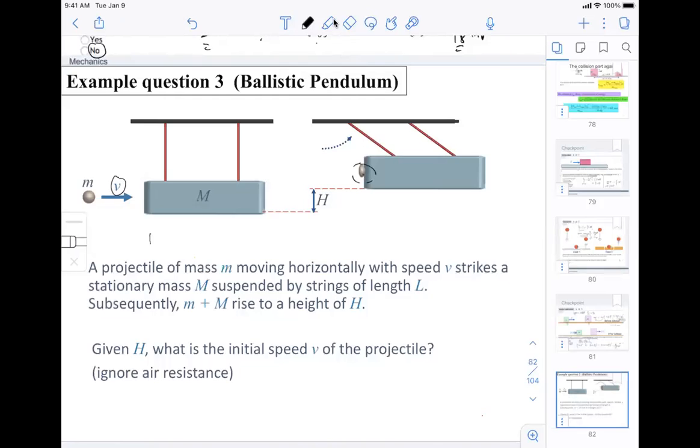Usually, if we can articulate the general approach, we have a pretty good idea of what to do. We set the momentum of the system, the initial momentum, equal to the final momentum. Okay, so you're using conservation of momentum for the collision part, right? So will that be enough to solve for the initial speed?